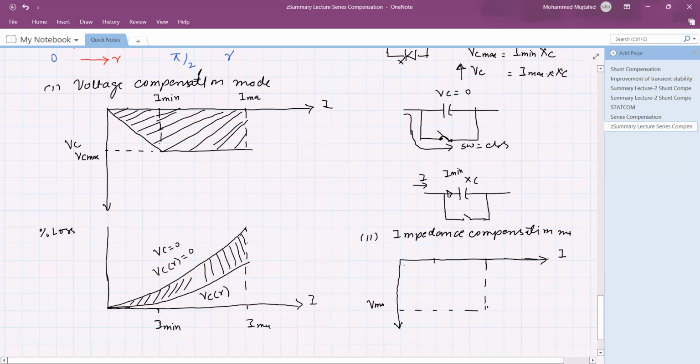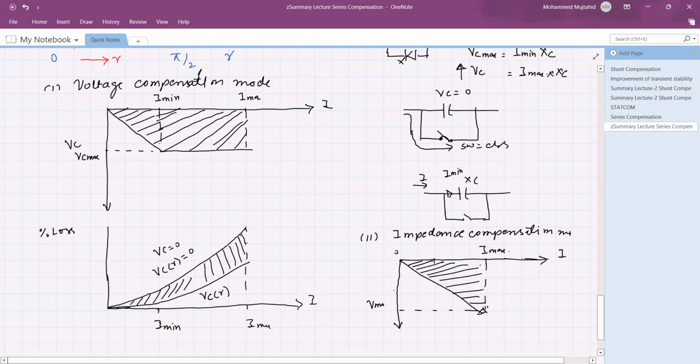So this is the control area. This is the control area. This is the I maximum, over this one.